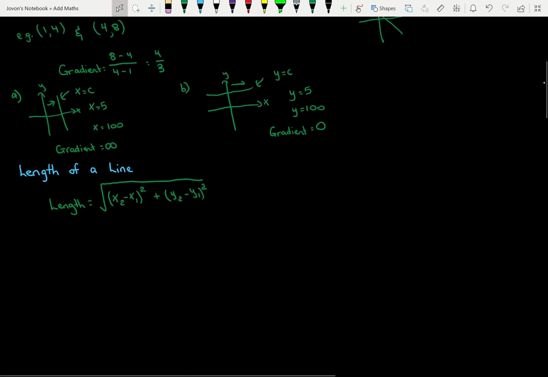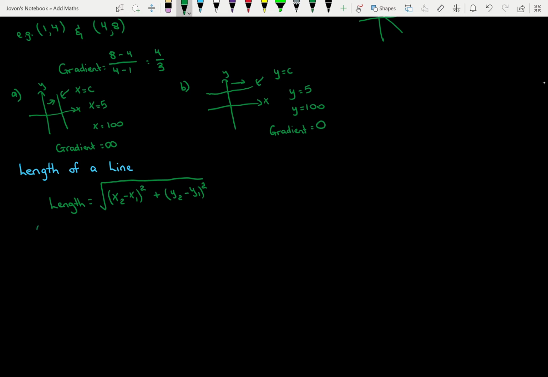So for example, let's say we have the same points as above. We have 1, 4 and 4, 8. Therefore the length of this line would be equal to the square root of 4 minus 1 all squared plus 8 minus 4 all squared.